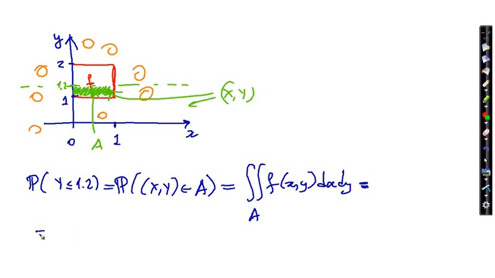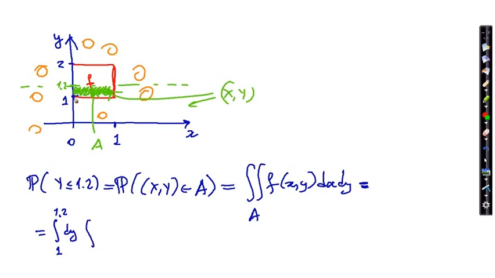And this is equal to, I need to describe that rectangle A. So rectangle A is the rectangle where x is moving from 0 to 1 and y is moving from 1 to 1.2. So I will describe it again first by y. So y is running from 1 to 1.2 and this is dy.